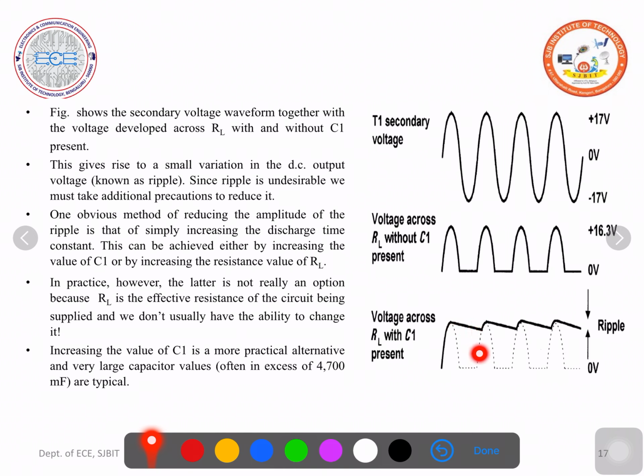In the one more positive half cycle, once again the capacitor gets charged. Again when the diode is off, it gets discharged. Whenever the diode is on, again the current flows and capacitor gets charged. So it repeats. The difference between this peak and this value, we call it as a ripple. Ripple is the unwanted AC component in the output of the rectifier circuit.